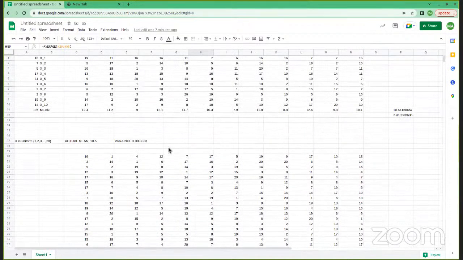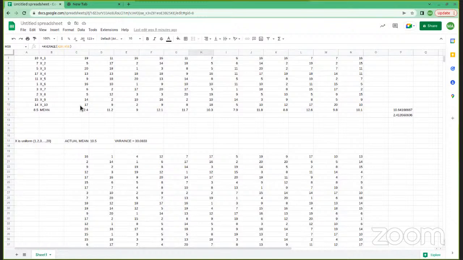So this is about the expected value of the sample mean and the variance of the sample mean. Now, if I want to look at the sample variance, meaning I have taken some random sample, how do I compute the sample variance?